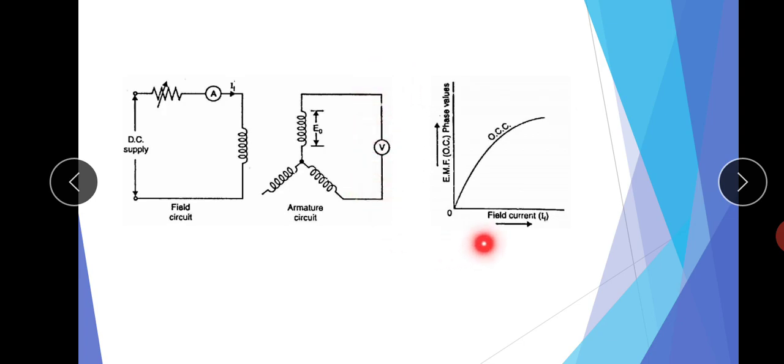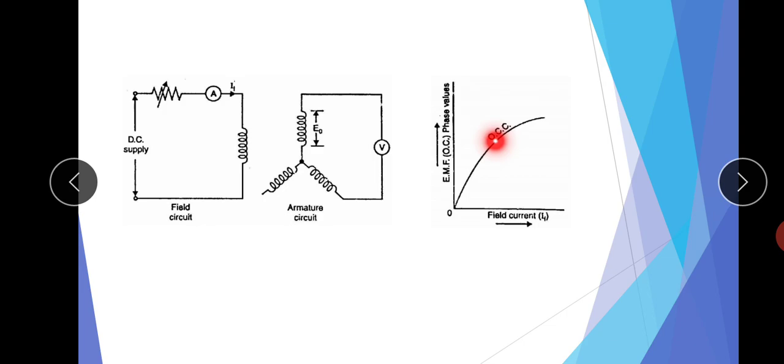This is the graph. It is between the induced EMF, the induced voltage, and the field current IF. Starting from 0, when we increase the field current, the EMF or induced voltage also increases. Then a point is reached that is called the saturation point.